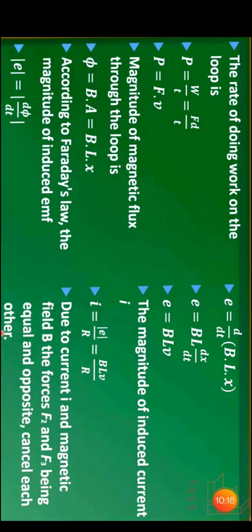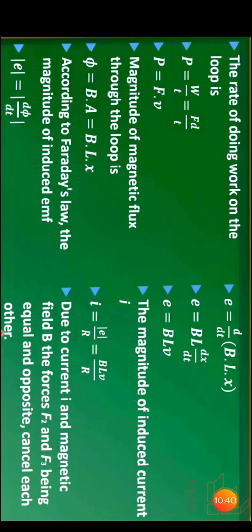We know work is force multiplied by displacement, with respect to the time T. Then we can get the equation P is equal to F into V.